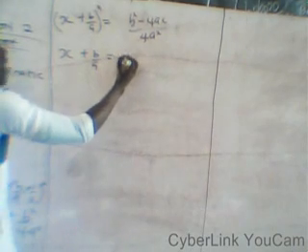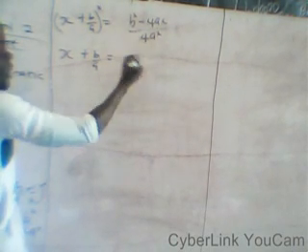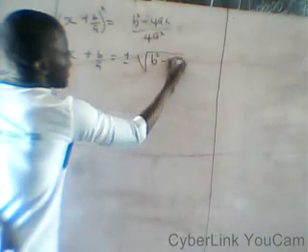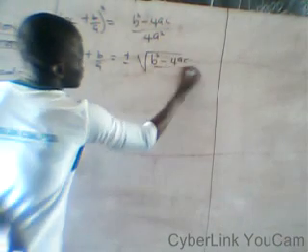You take the square root of both sides, that is, we multiply this power by 1/2. Whenever you take the square root of a particular number, you put plus or minus. So we have plus or minus the square root of b squared minus 4ac over 4a squared.